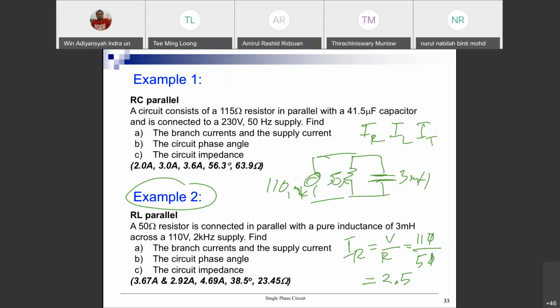Two point four. 2.2, sir. Right, 2.2. So it's 2.2 ampere.